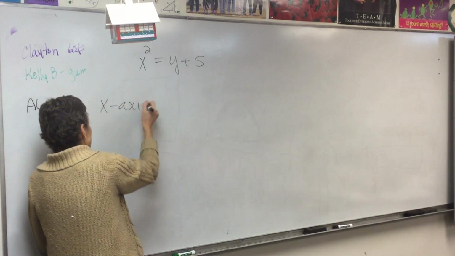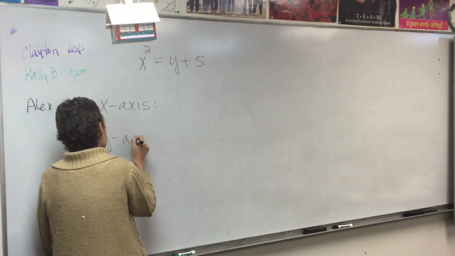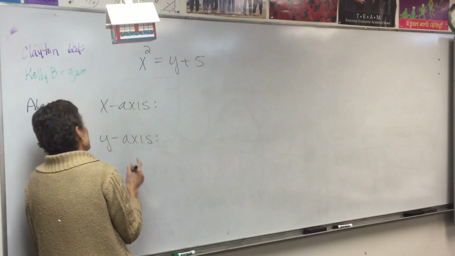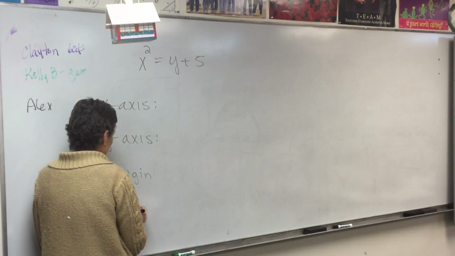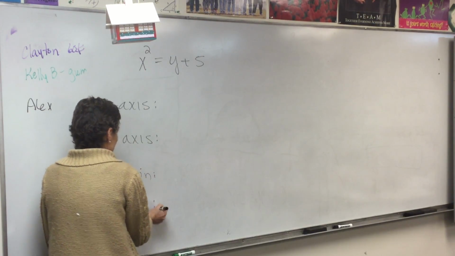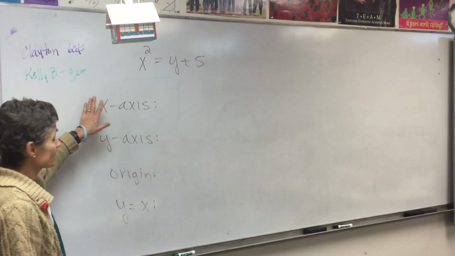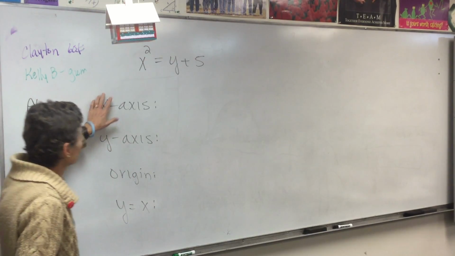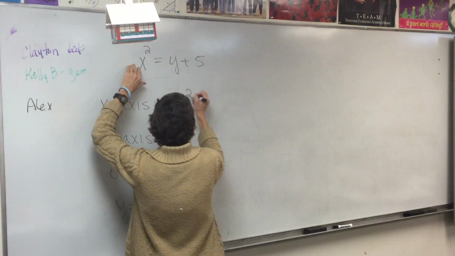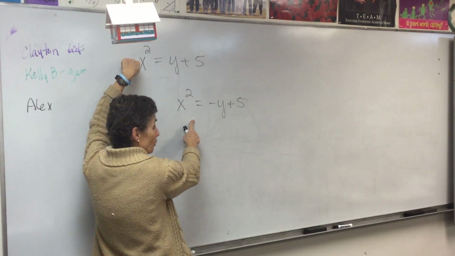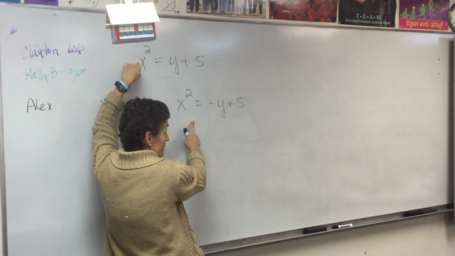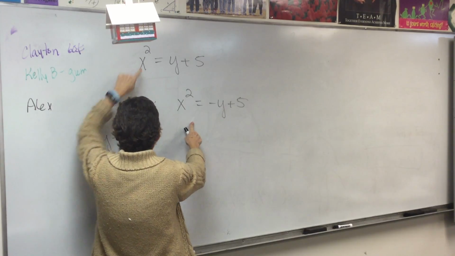The symmetries we check for are the x-axis, y-axis, origin, and identity. To test for symmetry about the x-axis, we change the sign on y and ask ourselves, are these two the same equation? And the answer is no, they're not.